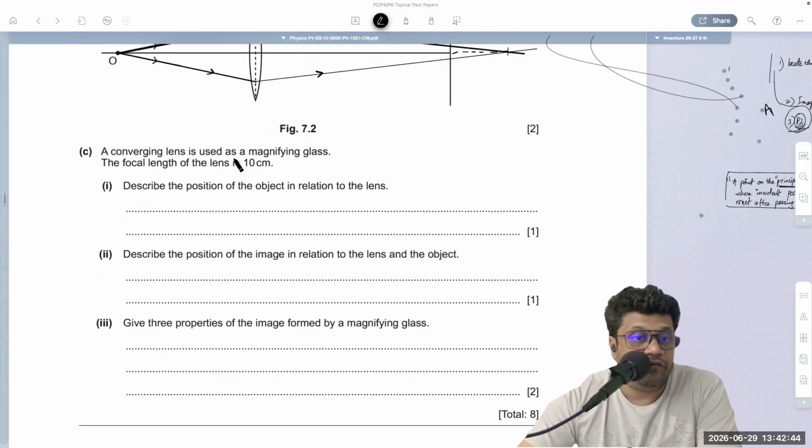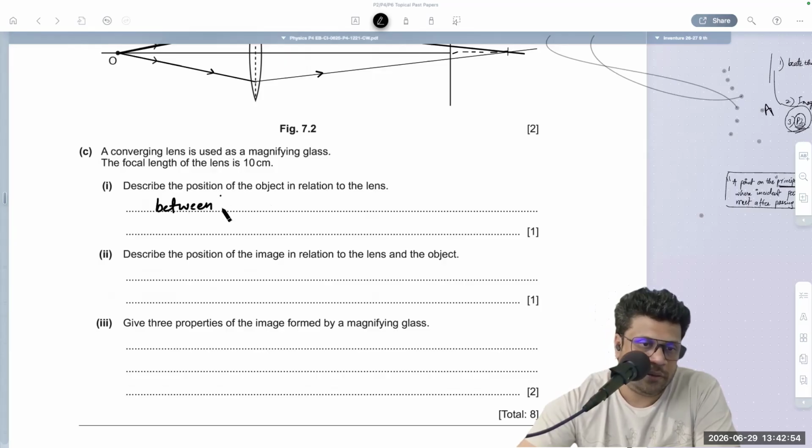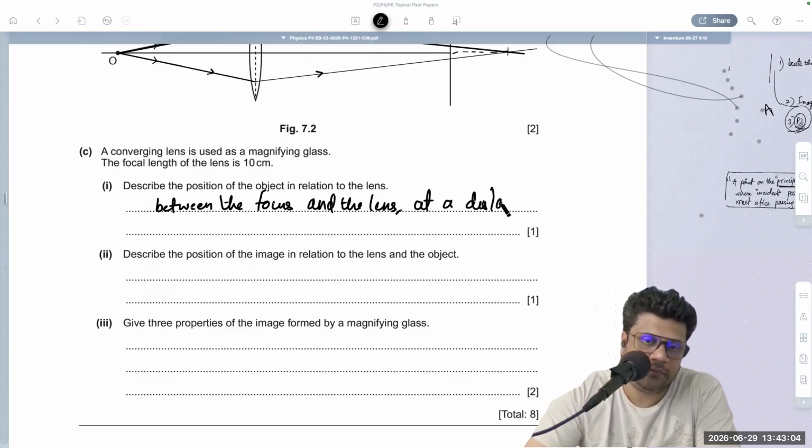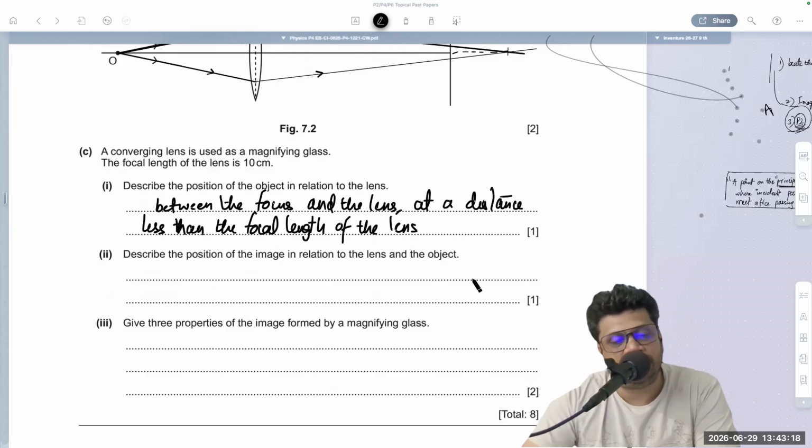For a lens to be used as a magnifying glass, the position of the object should be between the focus and the lens, at a distance less than the focal length of the lens. That is how it should be.